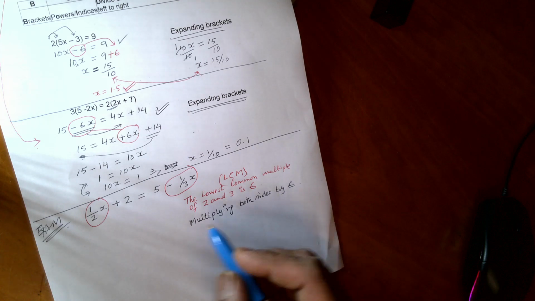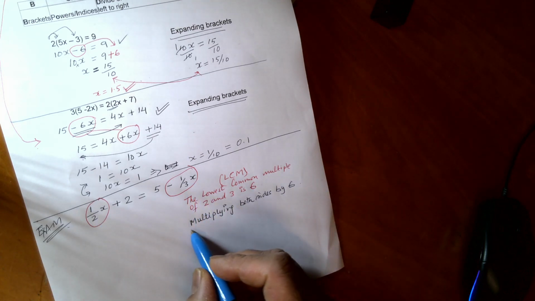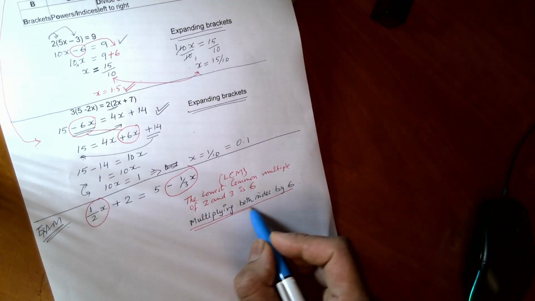What you do then to simplify this, you multiply both sides by 6.